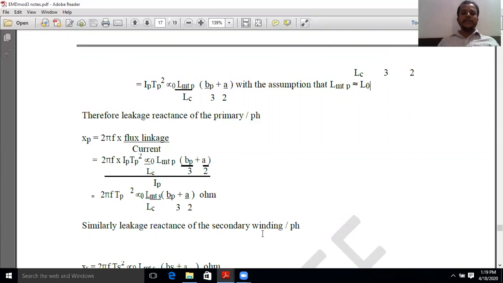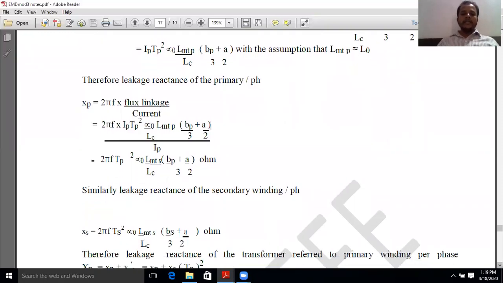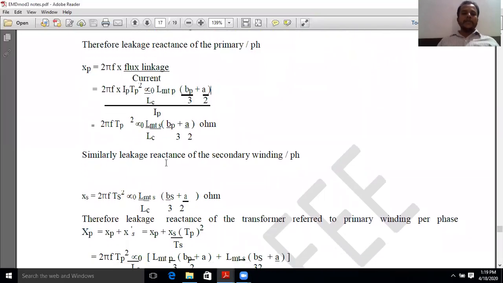Similarly, leakage reactance of the secondary winding per phase is XS, equal to 2 pi f TS square alpha naught LMTS divided by LC, BS divided by 3 plus A by 2 ohms.